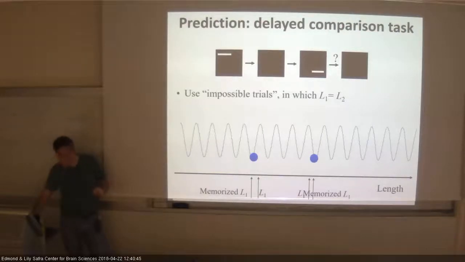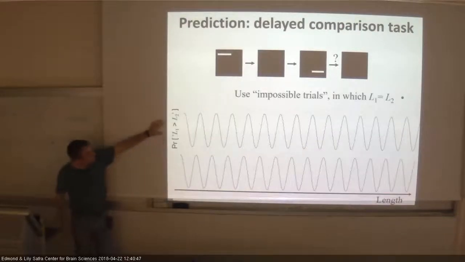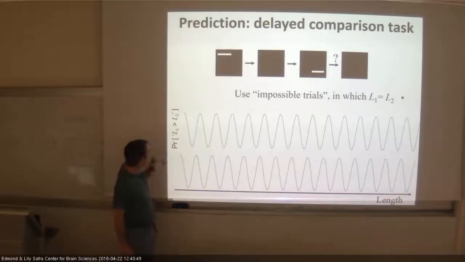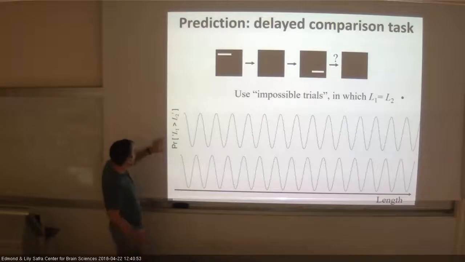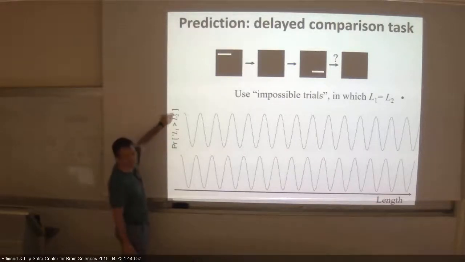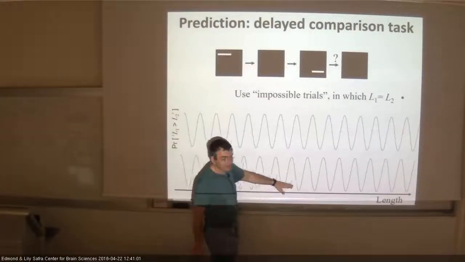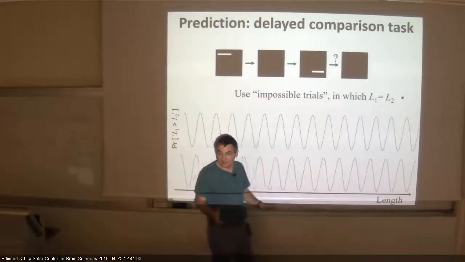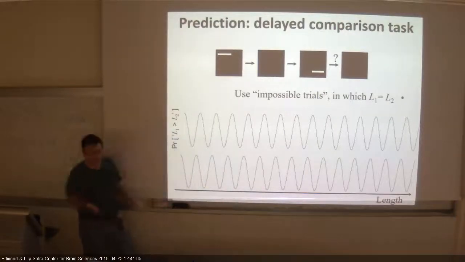Now, if I have this energy landscape, then I can use it to compute the probability that I will report that the first one is longer than the second one as a function of the length of both of them. These are only trials in which the first one is equal to the second one.